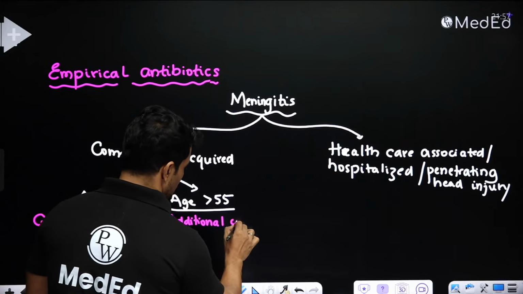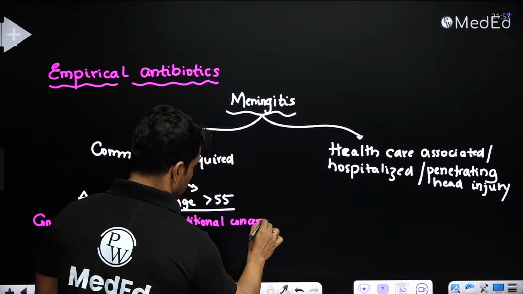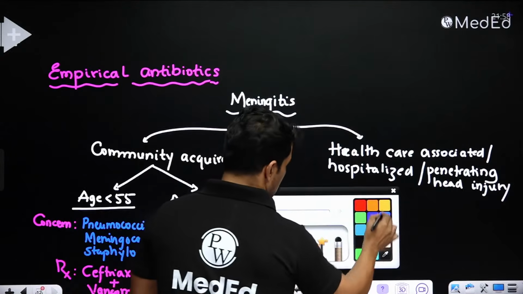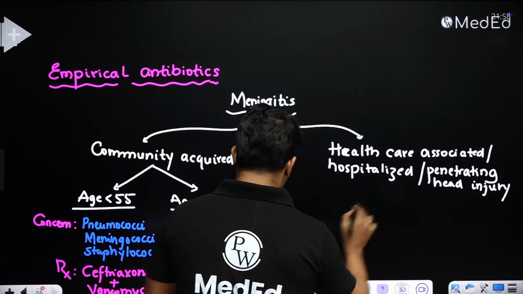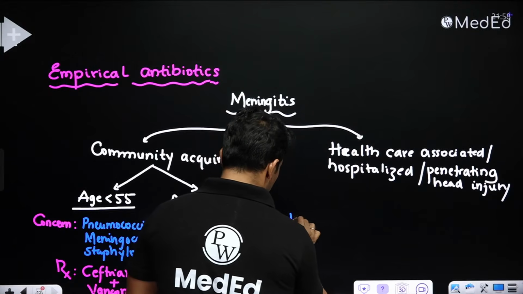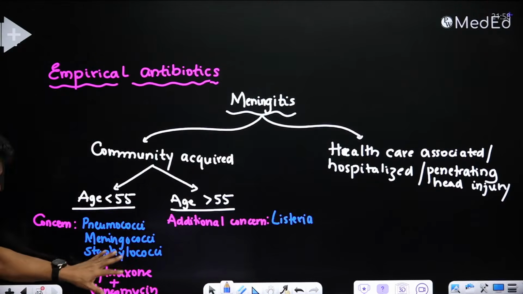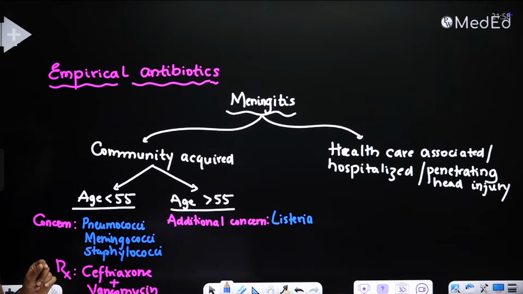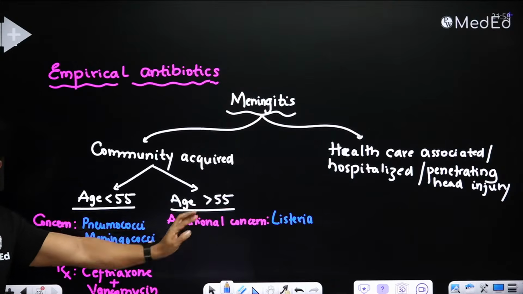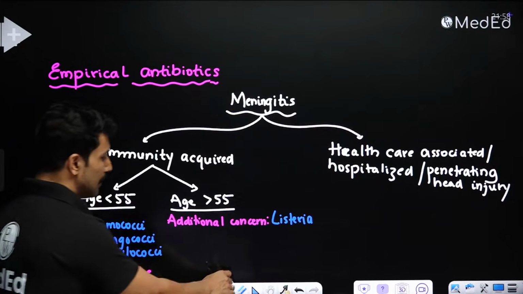That is Listeria monocytogenes. That's an additional concern in these patients. And what's the antibiotic of choice for that? Ampicillin. This will continue to be a concern in a person aged more than 55 years. So definitely I need these antibiotics, but additionally I need to add ampicillin to cover for the Listeria.